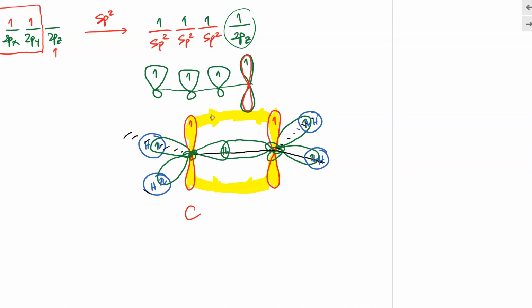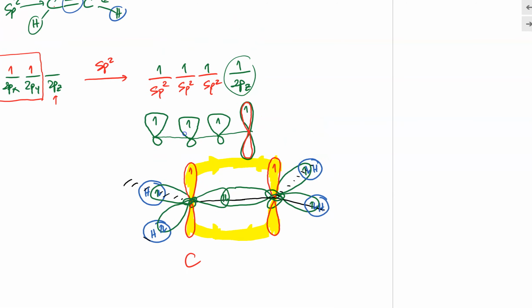So this double bond is basically formed by the overlapping of this p orbital and this p orbital over a distance, and they're not touching from end to end, but they kind of bend together a little bit, squeeze in a little bit, and this then produces that double bond.